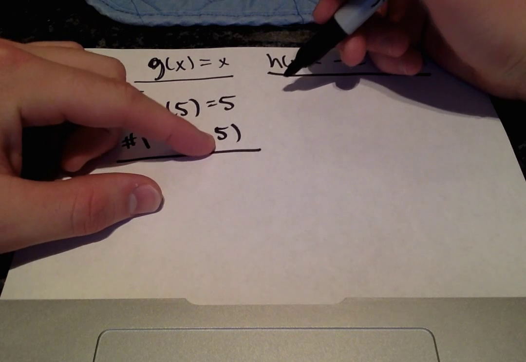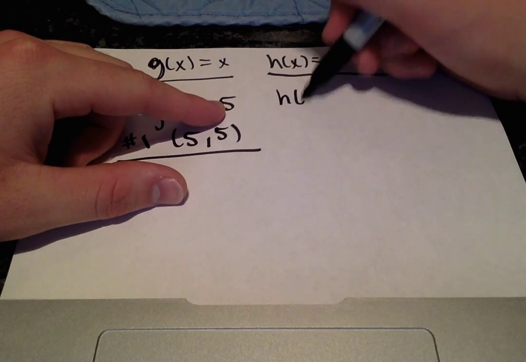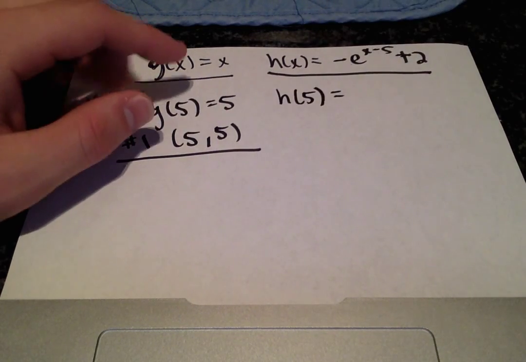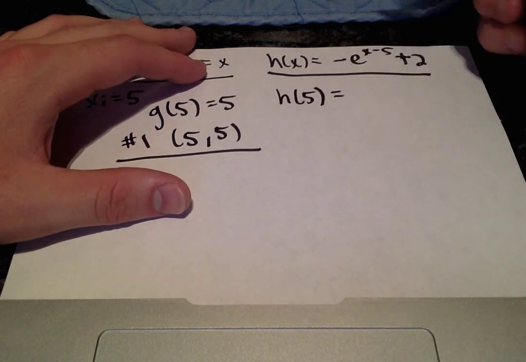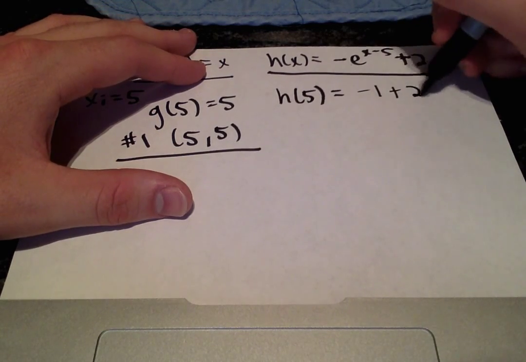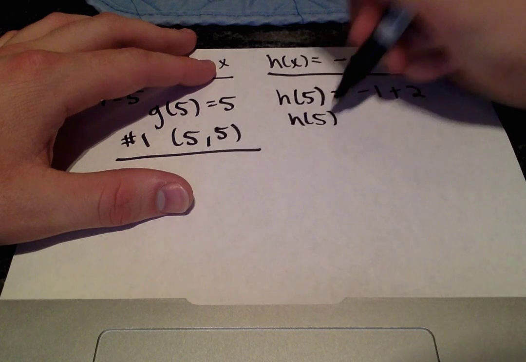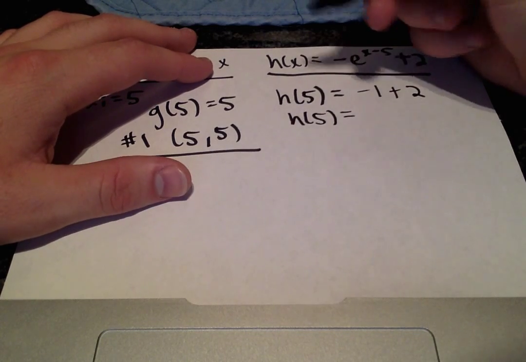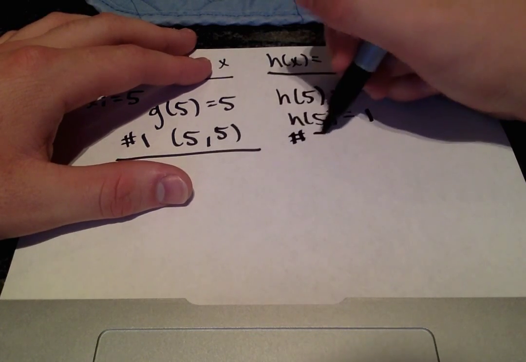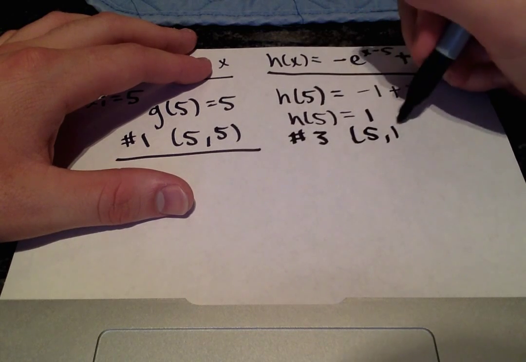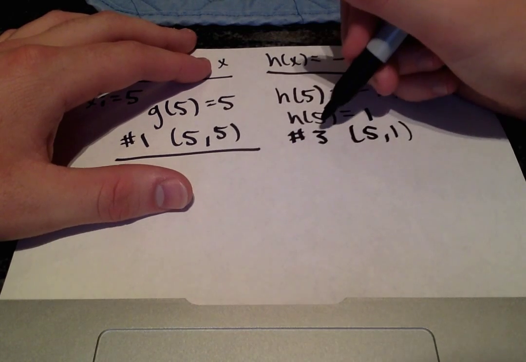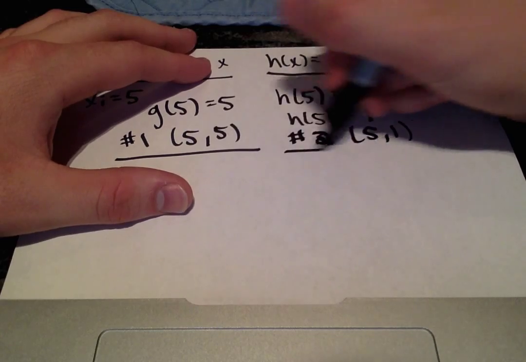So the output was 5, so h of 5, what does that equal? It's negative 1 plus 2, or h of 5 just equals 1. So that gives us our second data point, 5, 1.